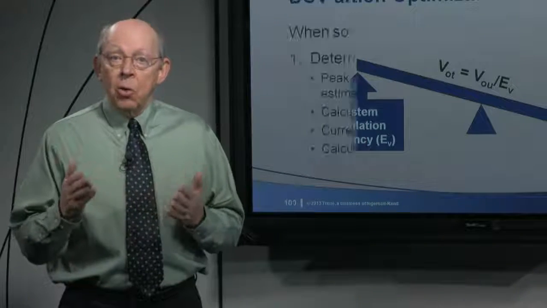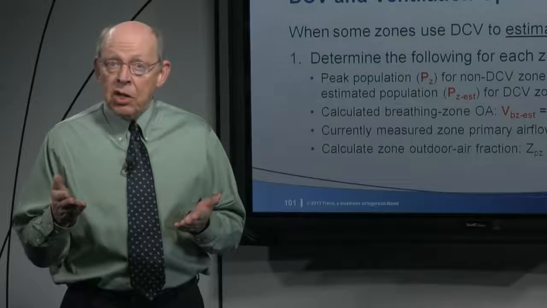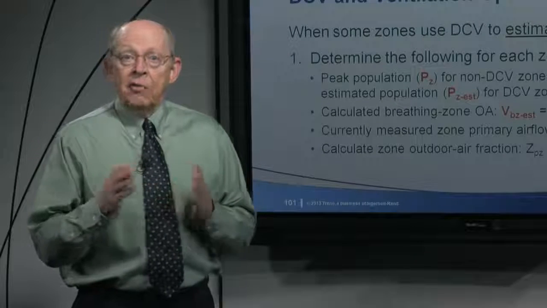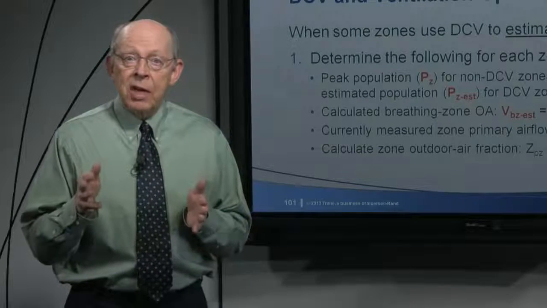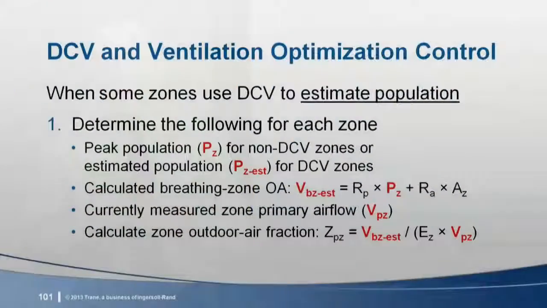Now, can zone level demand control be combined with ventilation optimization control? Of course. In fact, they must be combined in some cases to comply with energy standards. Here's how it can be done. If some zones use a demand control approach to estimate population, such as time of day scheduling or occupancy sensors, it's pretty easy.